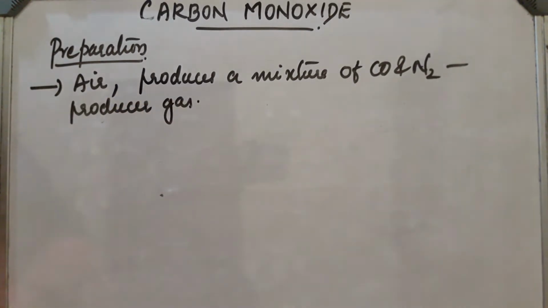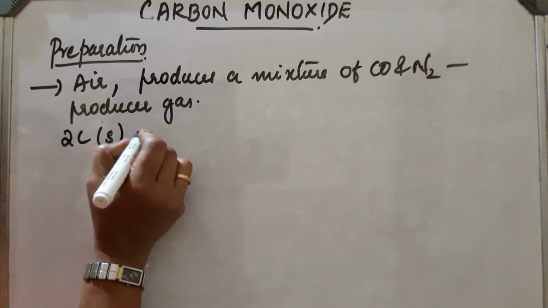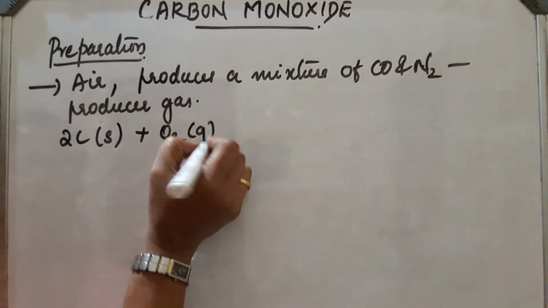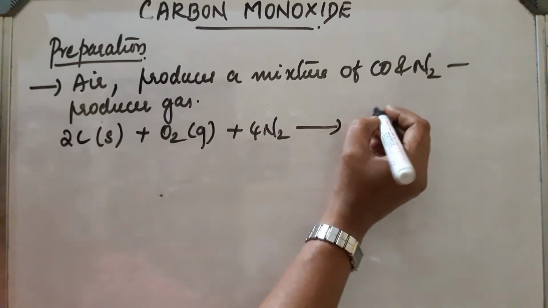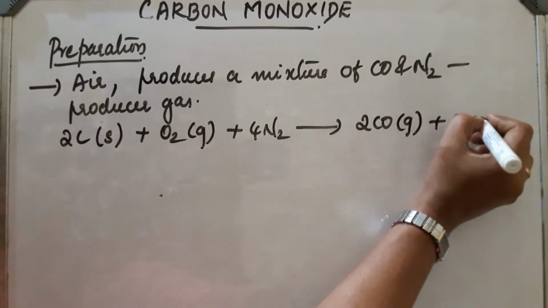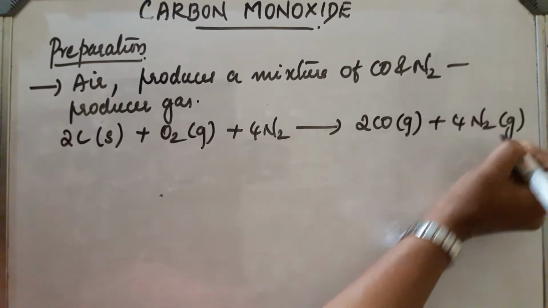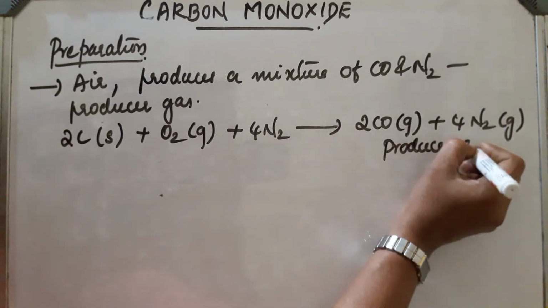The reaction will be like this: carbon with oxygen and nitrogen produces carbon monoxide and nitrogen gas. This mixture is known as producer gas.